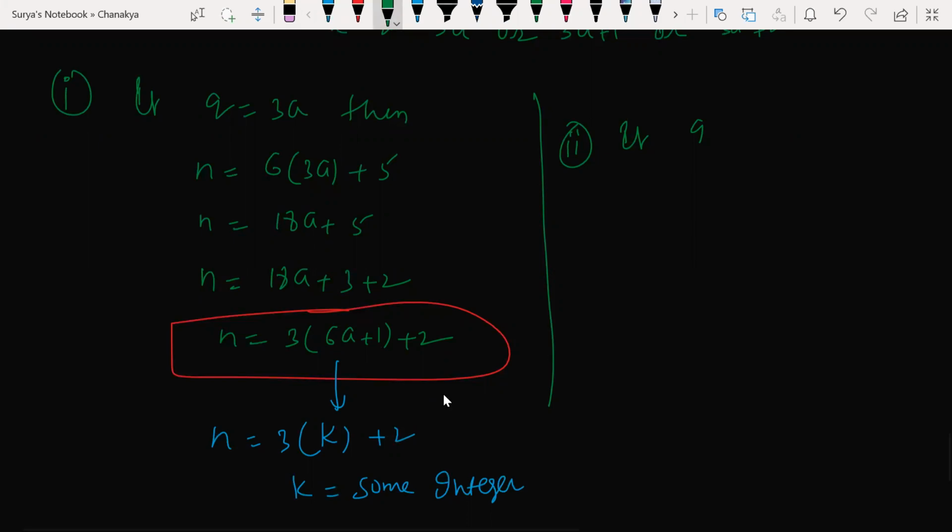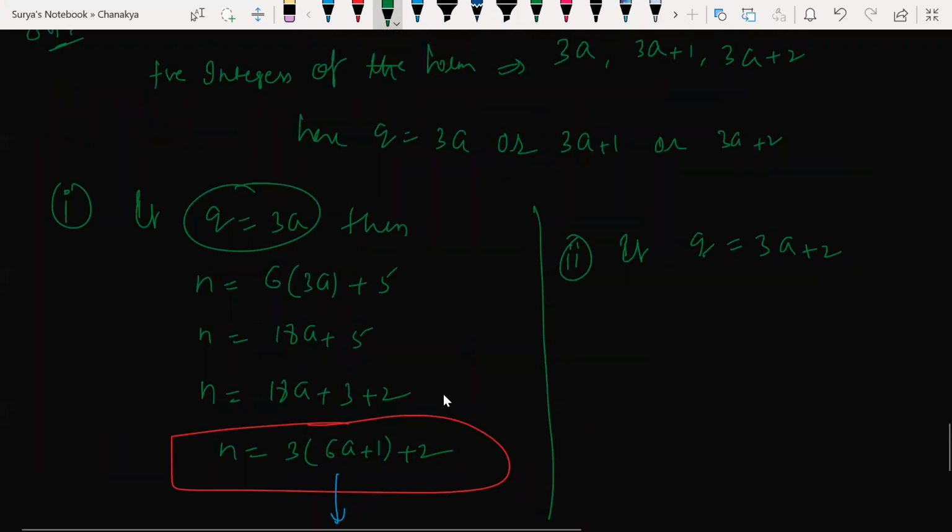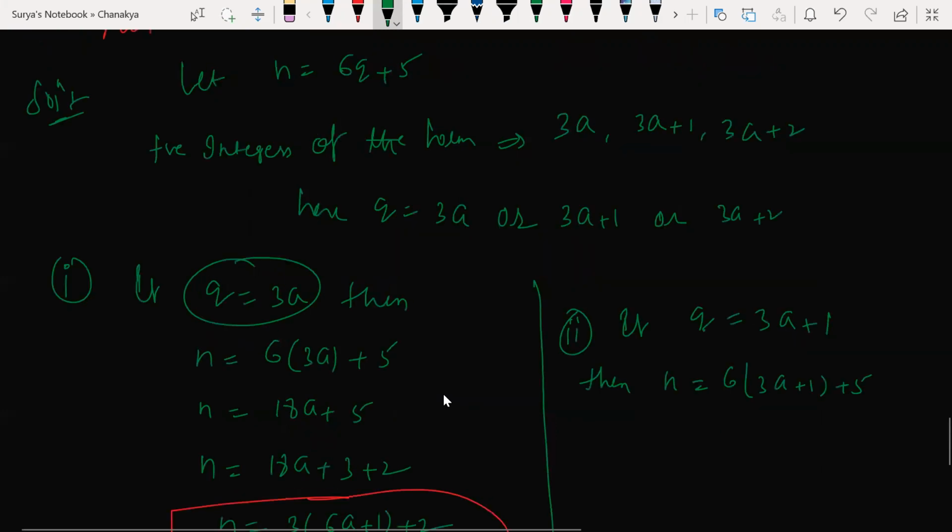Now look at this here. If q is equal to 3a plus 1. I took the first case q value as 3a. Now for another case you take 3a plus 2 or 3a plus 1, anything is fine. 3a plus 1 we will take. Then what is the n value? 6 into 3a plus 1, plus 5. I'm substituting here.